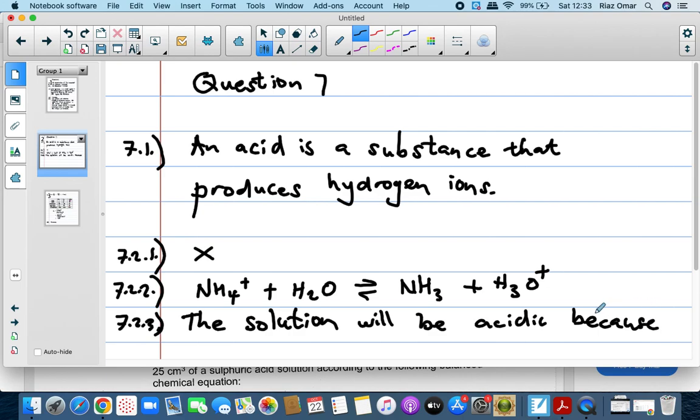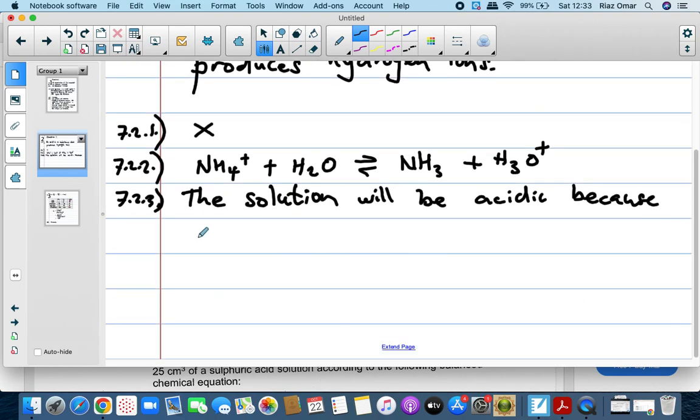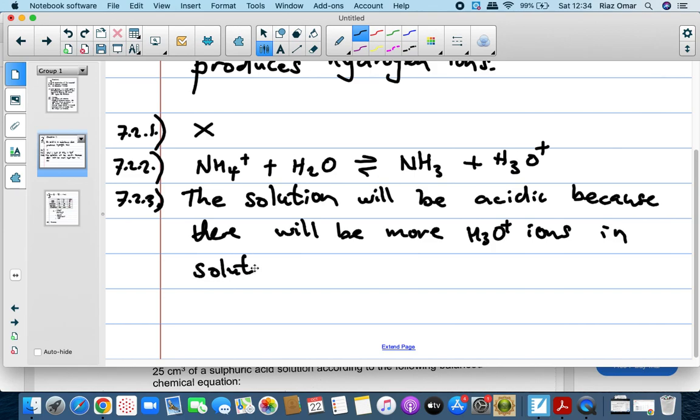Because the concentration of the H3O plus ions increases. Because there will be more H3O plus ions in solution. Okay, 7.2.3. That's how we could answer it.